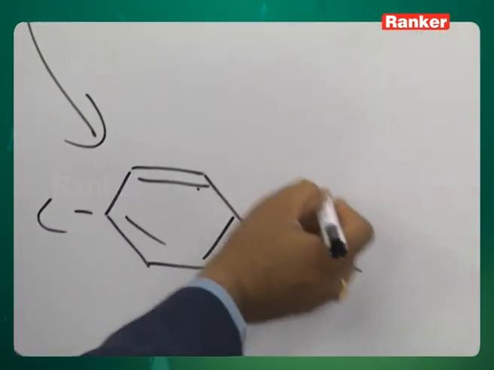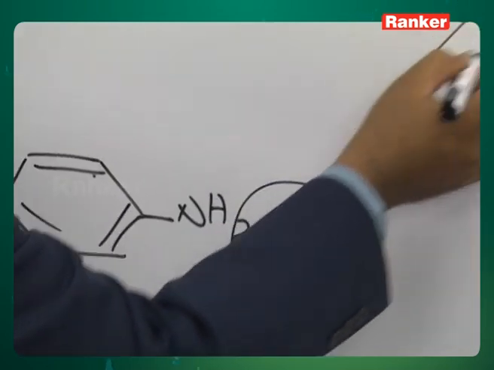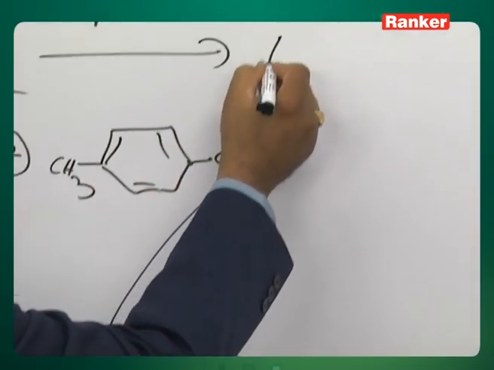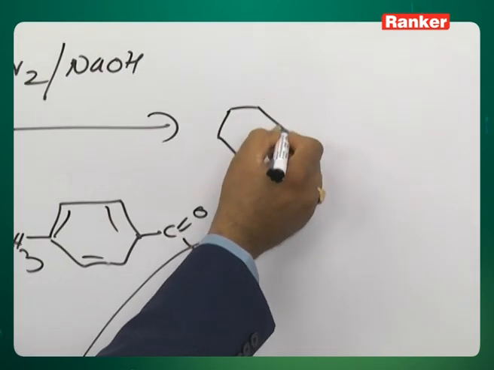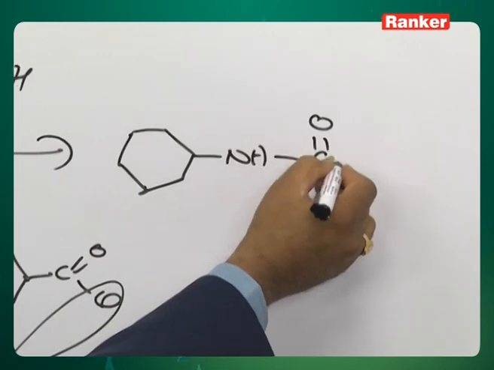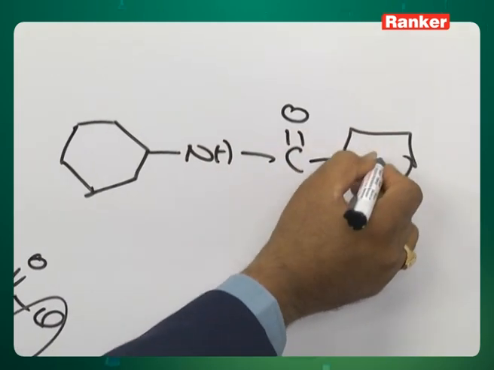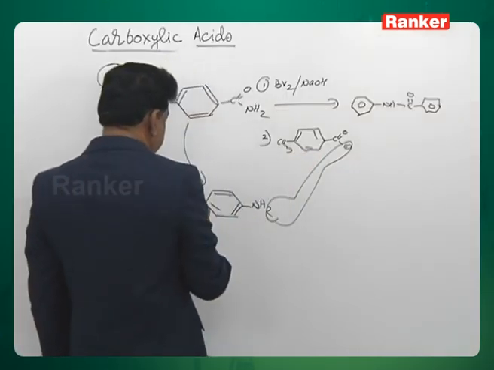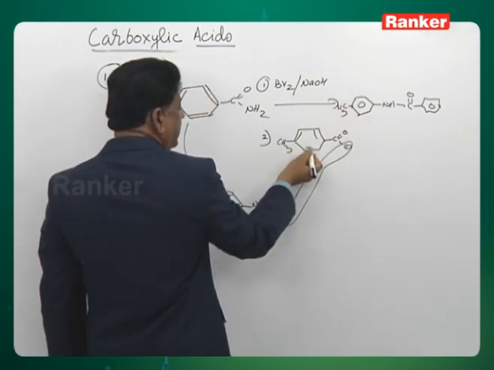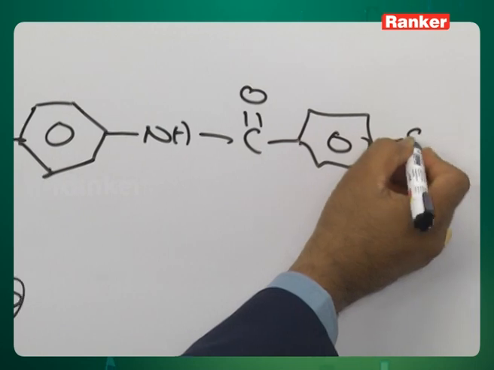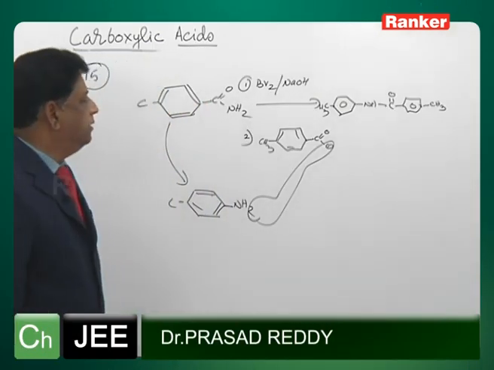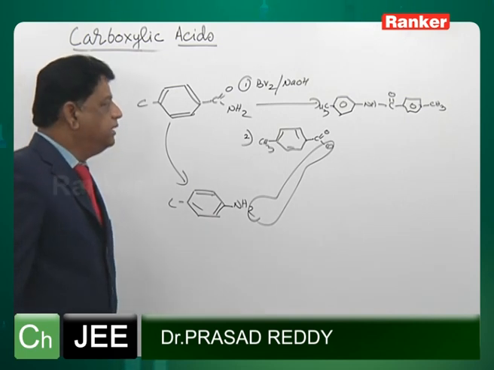This amine is treated with this, so therefore, hydrogen and the Cl will go out, both the compounds will join, you will get an amide formation, a benzene with NH followed by the CO and again a benzene, and in both the benzenes we have a methyl, in the amine containing benzene also, we have a methyl, in the benzoyl chloride also. So, you will get a paramethyl benzanilide, and this is also paramethyl benzanilide formed.